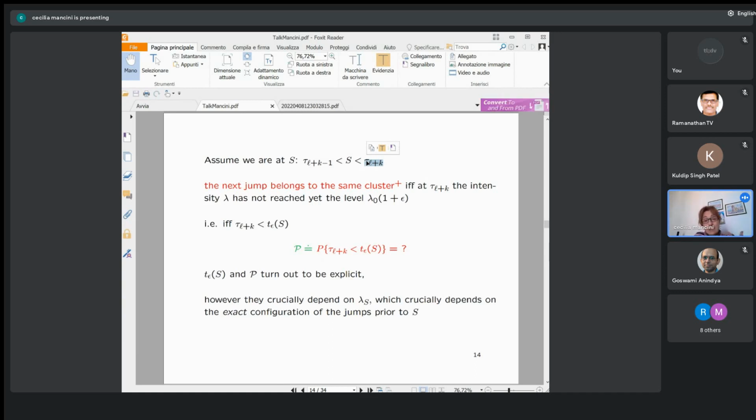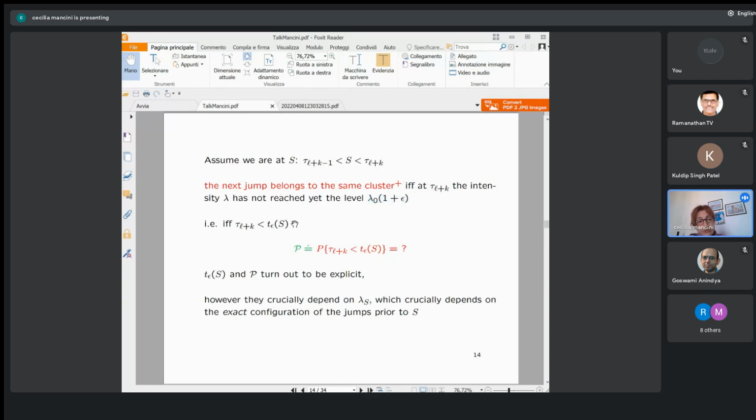We want to know whether it is or not. So tau L plus K belongs to the same cluster we observed before if and only if at time tau L plus K lambda is still above level lambda 0, 1 plus epsilon.